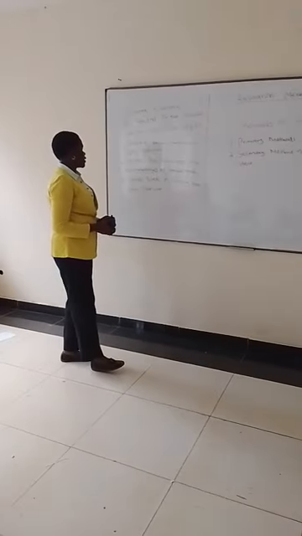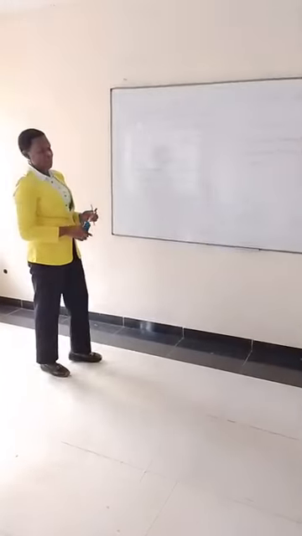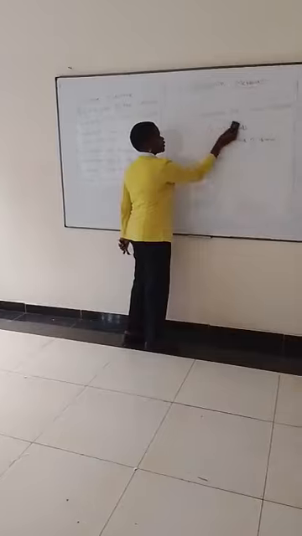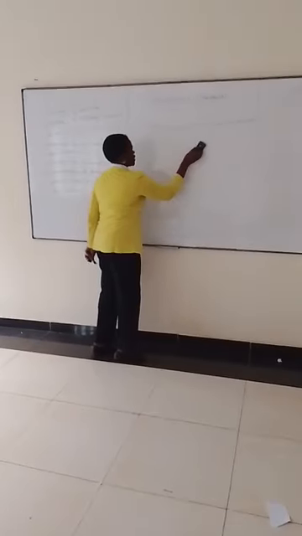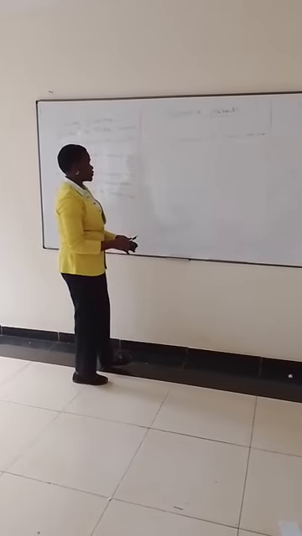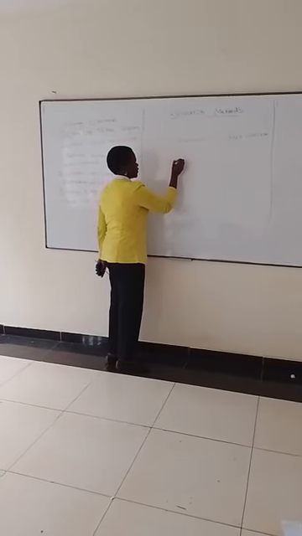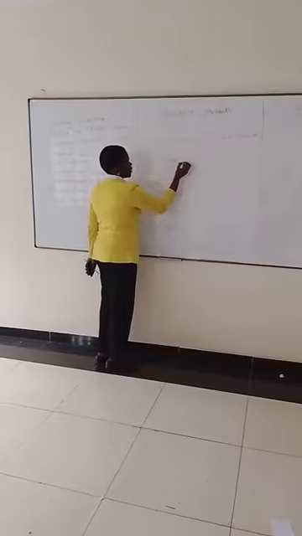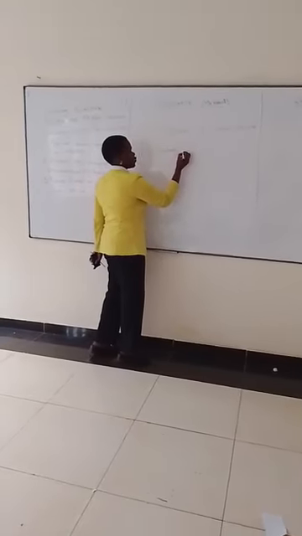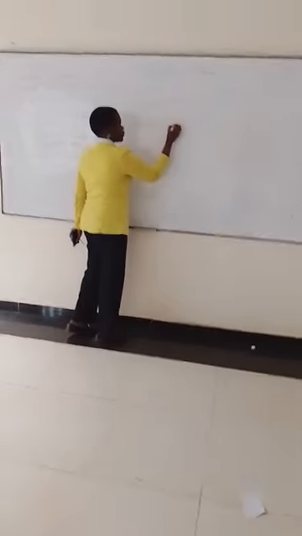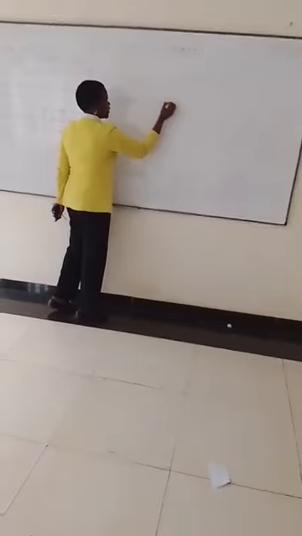Now, what are the advantages of collecting the data using these two methods? We have the primary and the secondary. We are going to start with the primary method of data collection. When we say primary, it means we are doing it by ourselves. We are going to the field and collect the data.